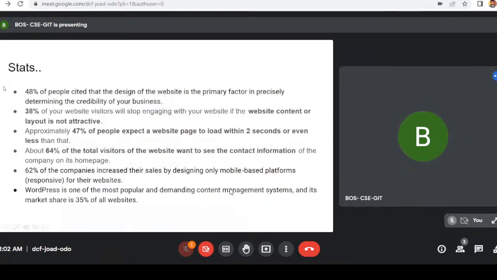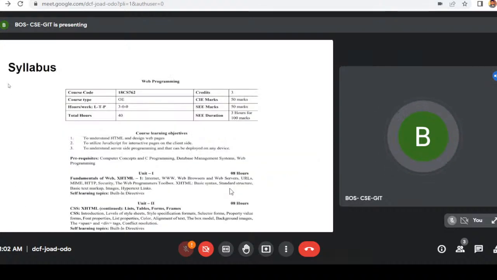These are some of the stats that I'll come back to later, once we discuss the syllabus of the subject. I hope you have got an idea about web programming and what we are going to learn. You're going to learn to design different web pages, how they can be interactive, how they can be dynamic. All that we'll be learning through this subject.